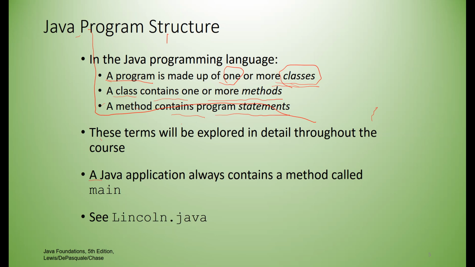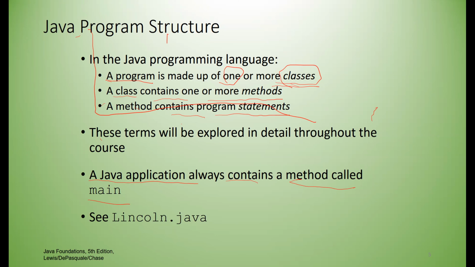You must remember this also. A Java application always contains a method called main, because main is the entry point. That's where the program begins to execute. Some of you may be familiar with how the operating system works. The operating system, Windows 10, manages the whole computer and allows programs to run.